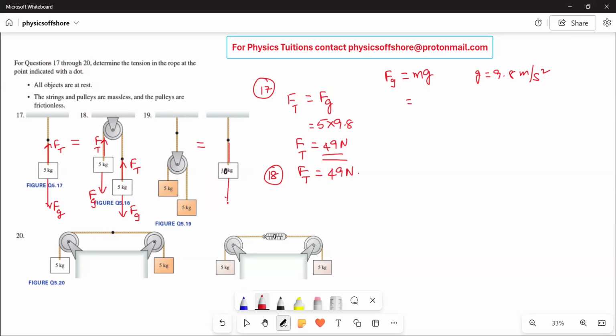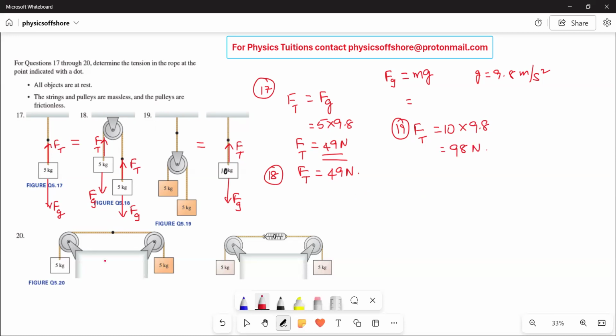So write down, question number 19: Ft is equal to Fg. Fg is here 10 kilograms times 9.8, because two masses are hanging now. So this entire thing becomes one single mass of 10 kilograms. So Ft is equal to 98 newtons.